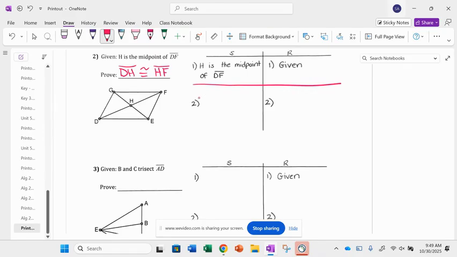So now what we want to do is prove DH is congruent to HF. And what made us come to that conclusion? What was the word that made us come to that conclusion? Stella? Midpoint. So guess what I'm going to write here? Def of midpoint.